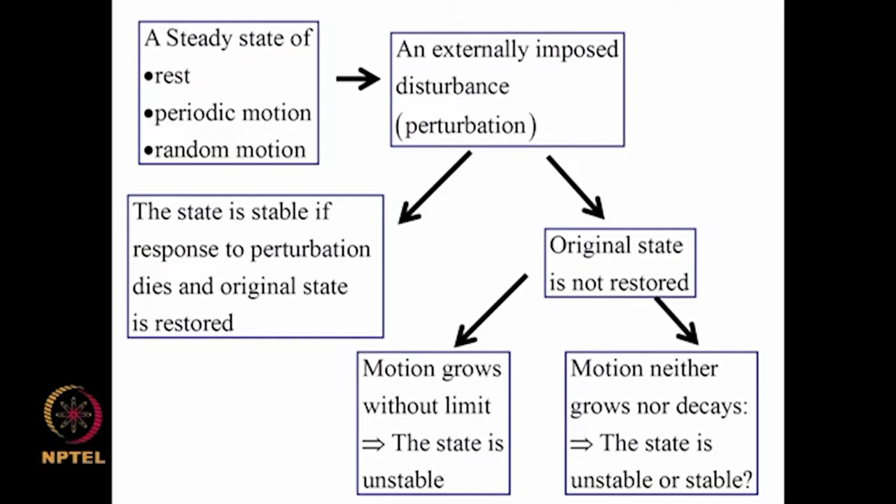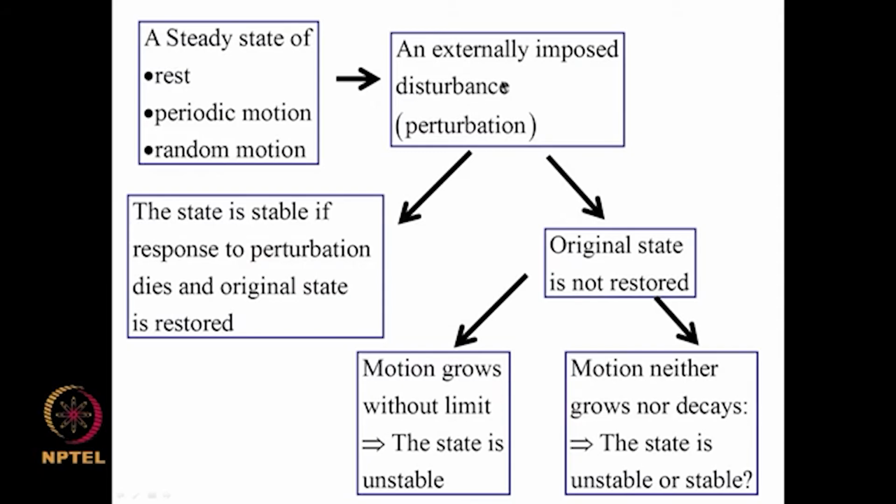and next we moved on to questions about stability analysis. The question of stability was addressed with respect to either a steady state of rest or periodic motion or random motion. We considered state of rest and periodic motion; we did not consider random motion in these lectures. So the question we asked was, what is the influence of an externally imposed disturbance on these states of rest and periodic motion?